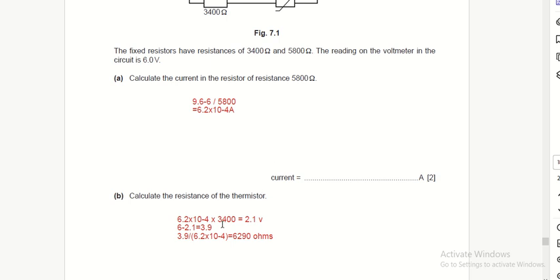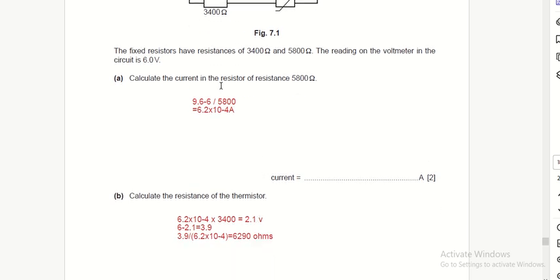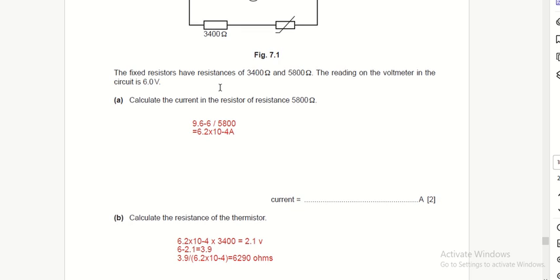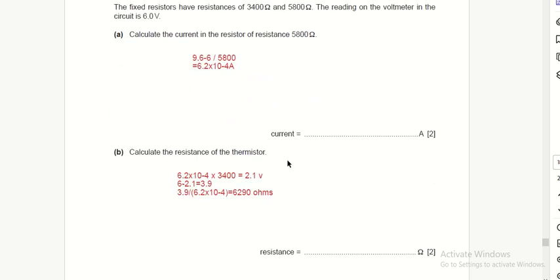If we multiply this current by the 400 resistance, we get the voltage drop across it. We have this to be 6, which is a total of 2, so the voltage drop across the thermistor is 3.9.